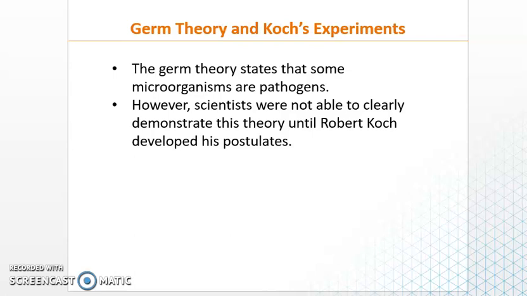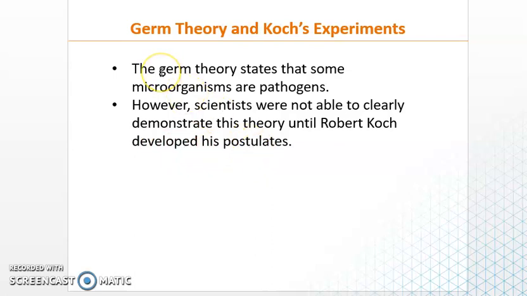This was all before discovering the microscope, but they couldn't identify which organism caused which disease, and they couldn't do this until a scientist called Koch. He started to make his experiments to find out how microorganisms cause diseases.